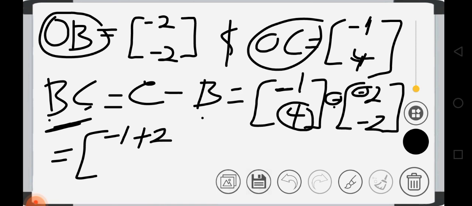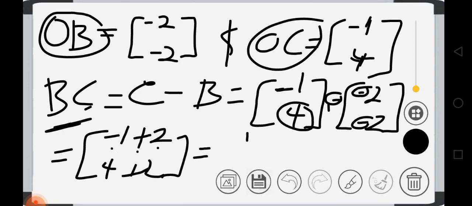Then the 4 minus minus 2 gives us plus 2. So minus 1 plus 2 gives us plus 1. Then 4 plus 2 gives us 6.